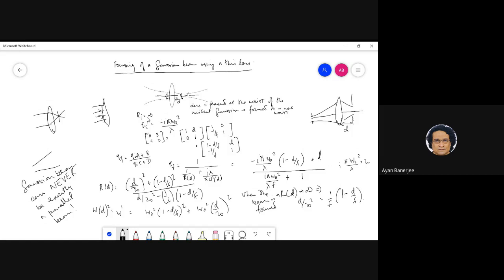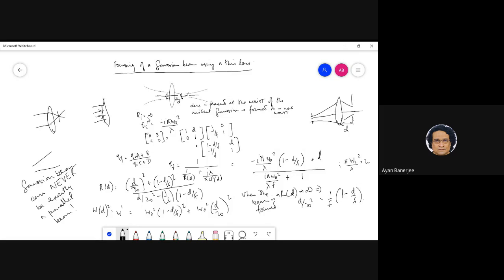The only way you think of a lens focusing is that where the waist is the minimum, we consider the radius of the wavefront to be infinitely large, and that is how you go about this problem.